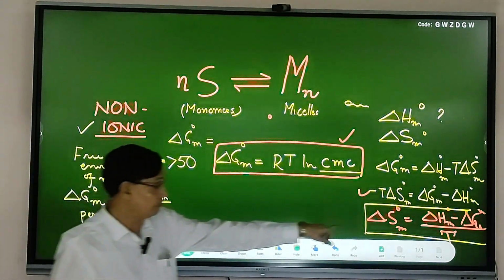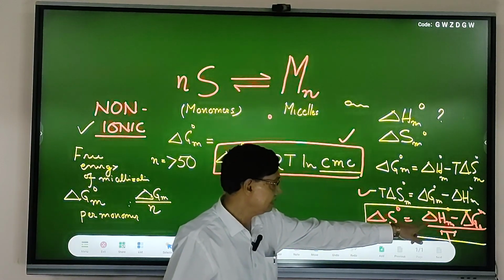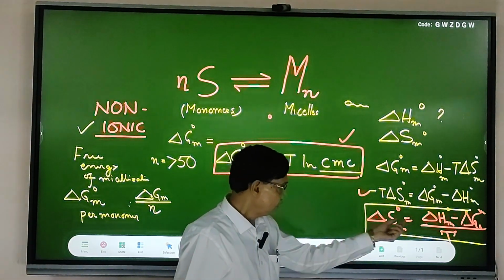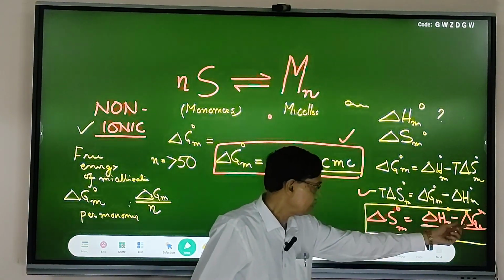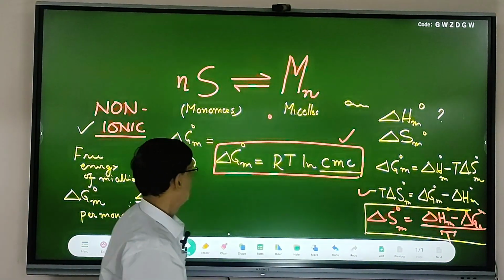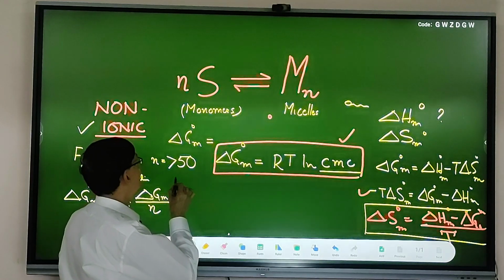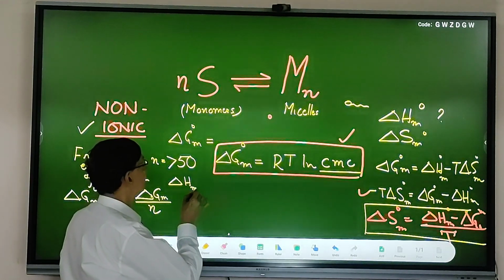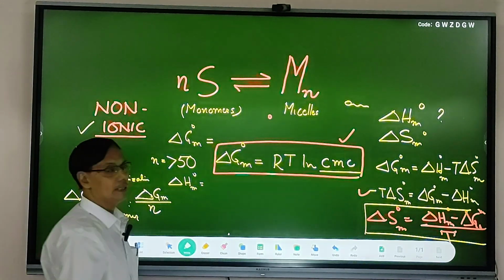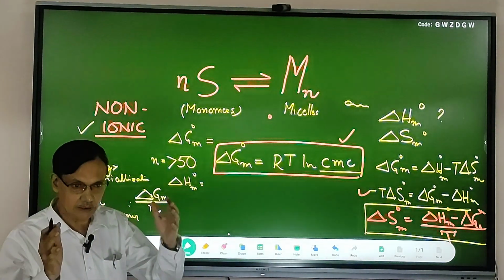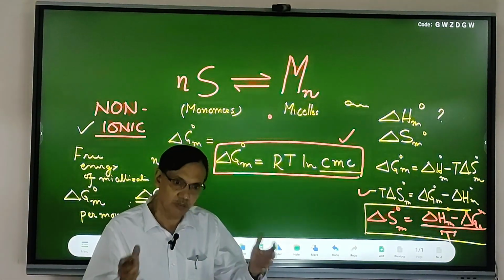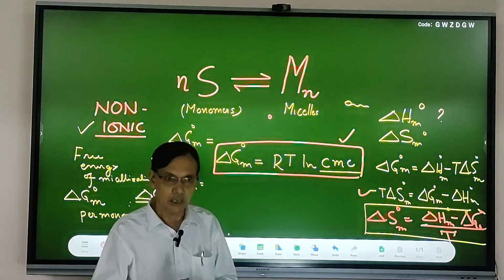But again there is a problem. How do I calculate the delta H? In order to calculate the delta S, we need delta H as well as delta G. So again I have to calculate the delta H. We know there is a very common relation, because there are various forms of the Gibbs-Helmholtz equation.